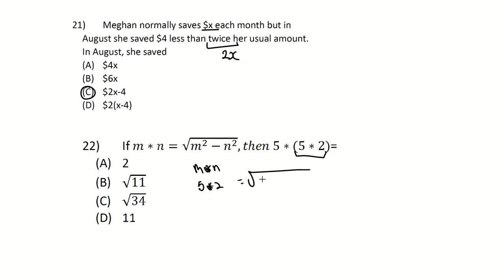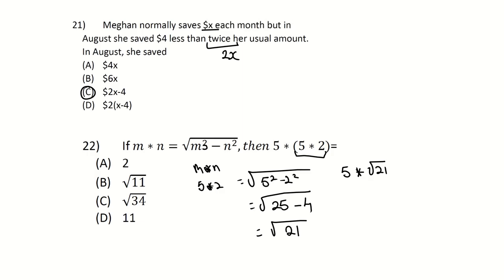This would be the square root of 5 squared minus 2 squared, which is the square root of 25 minus 4, which equals the square root of 21. Then I have 5 asterisk square root of 21, so m is 5 and n is square root of 21. Did I do that correct?